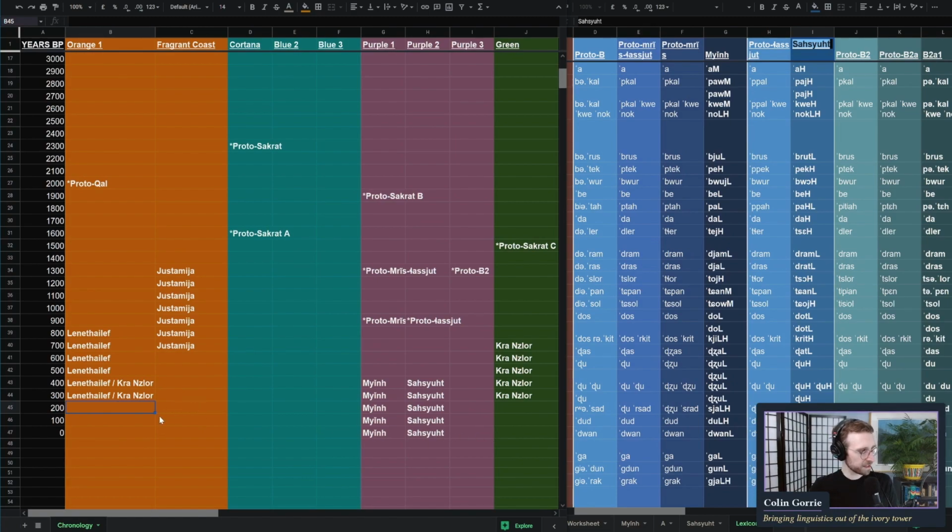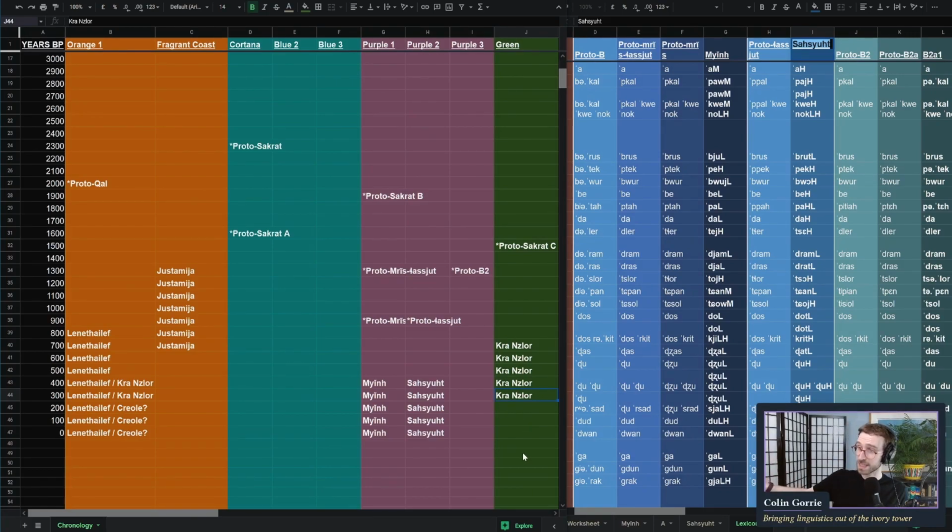So what we may do then is have our Creole spoken in this same region. So maybe Kranslor ceases to be spoken. Lenadilef continues. But then we also have this situation. So then in the present day, whether we want Kranslor to continue or to branch off into something else, I don't know.